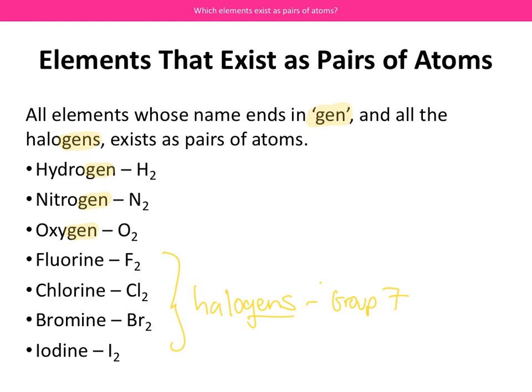So we've got H2, N2, O2, F2, Cl2, Br2, and I2. This honestly is a really useful thing to remember for the rest of your schooling, because it will help prevent you from making mistakes when you're doing your GCSE chemistry and even A-level chemistry.